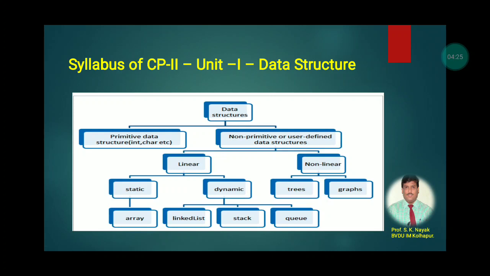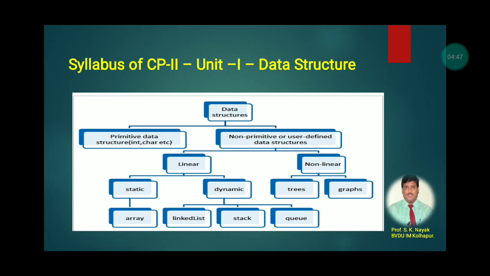If you are storing data in a scattered way, where we do not follow any particular sequence, then we can go for non-linear data structure. Linear data structures again can be divided into two types. One is static and another one is dynamic.